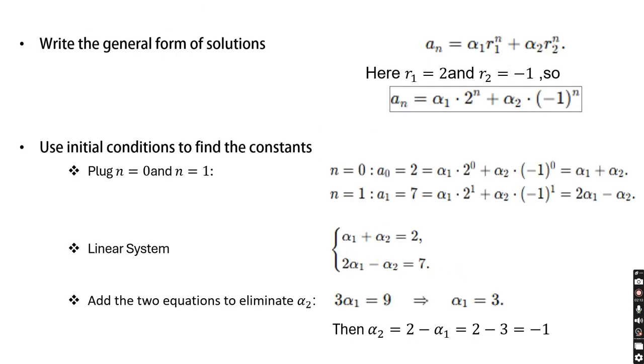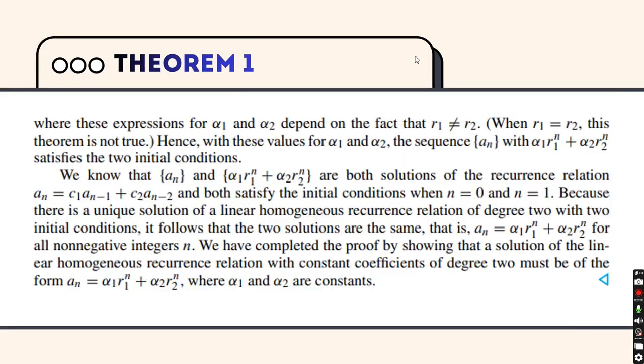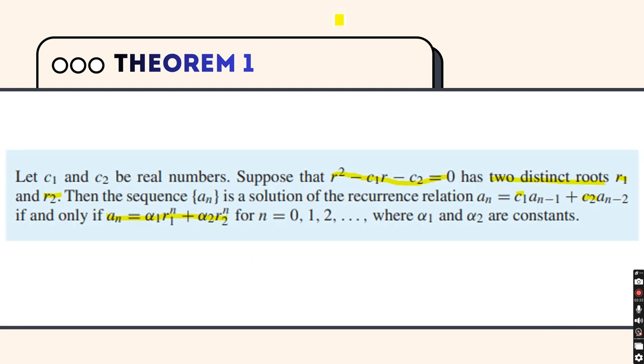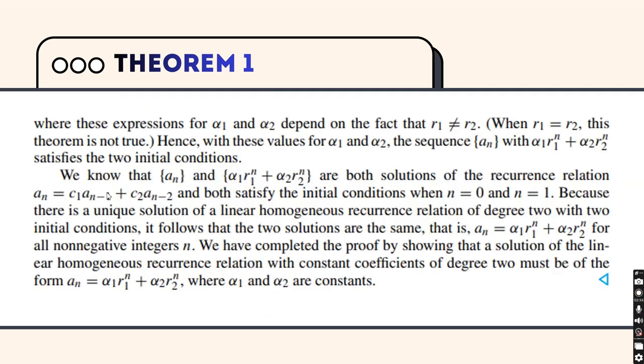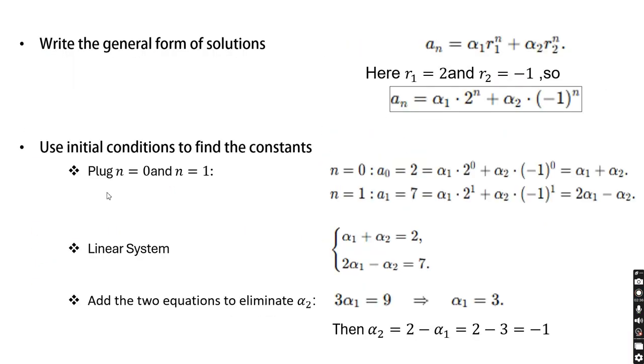And then we will write the general form of the solution. As we have seen, based on the definition for Theorem 1, we have two distinct roots. So this will be our equation: a_n equals a1 r1^n plus a2 r2^n.